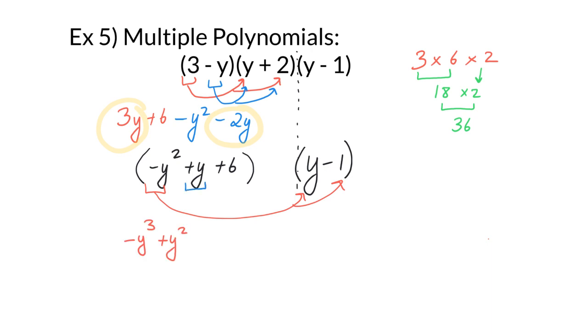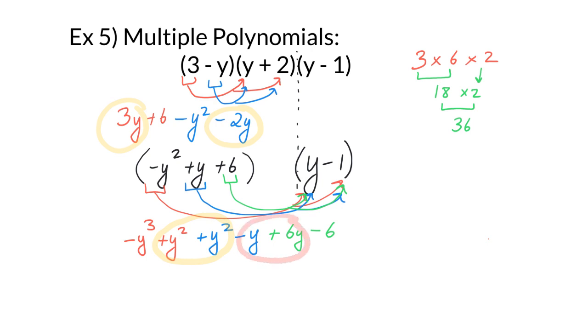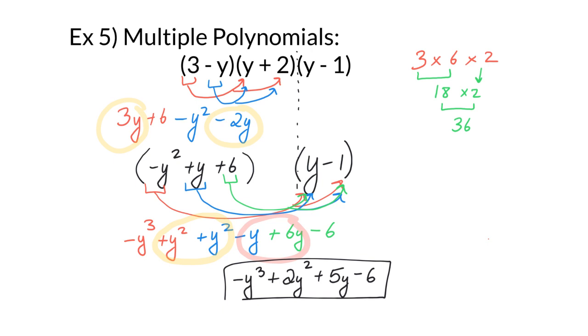I then take my second term and I distribute. And I take my last term and distribute again. I then look for like terms to simplify as much as possible, and I write my final answer. Double checking that the exponents go from high to low, and I am good to go here.